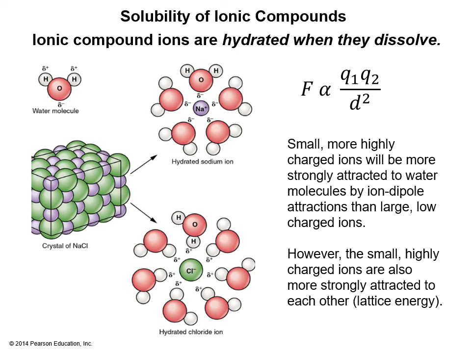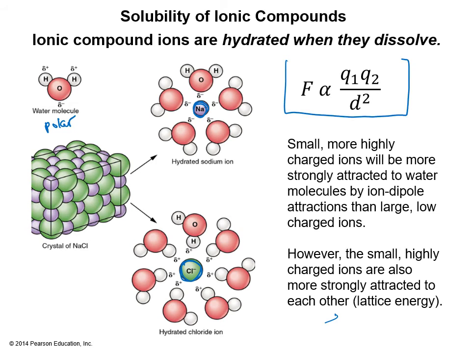So water molecules are obviously polar. As the ions are solvated, you're going to have the negative end of the water molecule being attracted to the positive cations, and the positive end of the water molecule being attracted to the negative anions.